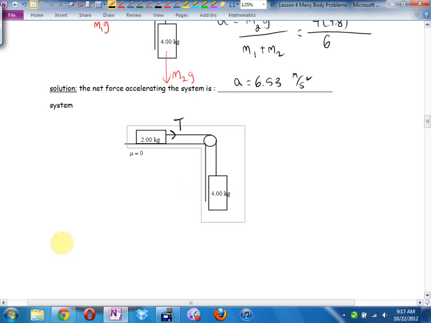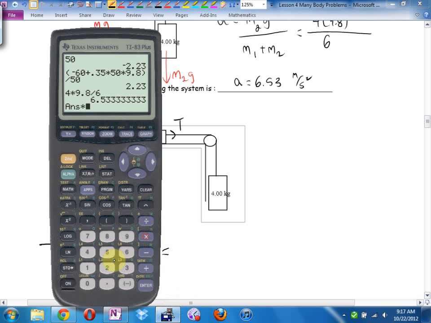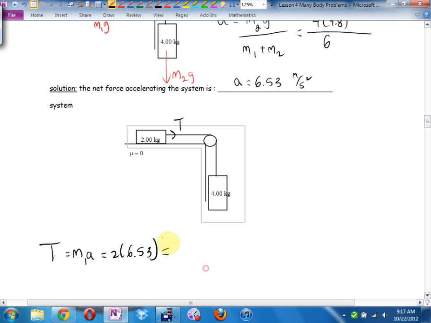Tension. Who's losing? No one. Tension equals m1a, 2 times 6.53333, which is 13.1 newtons.